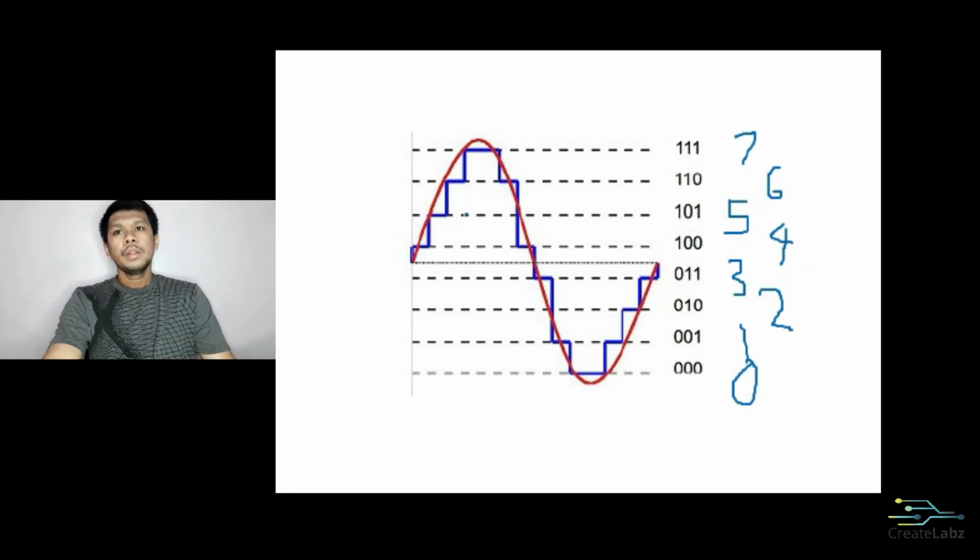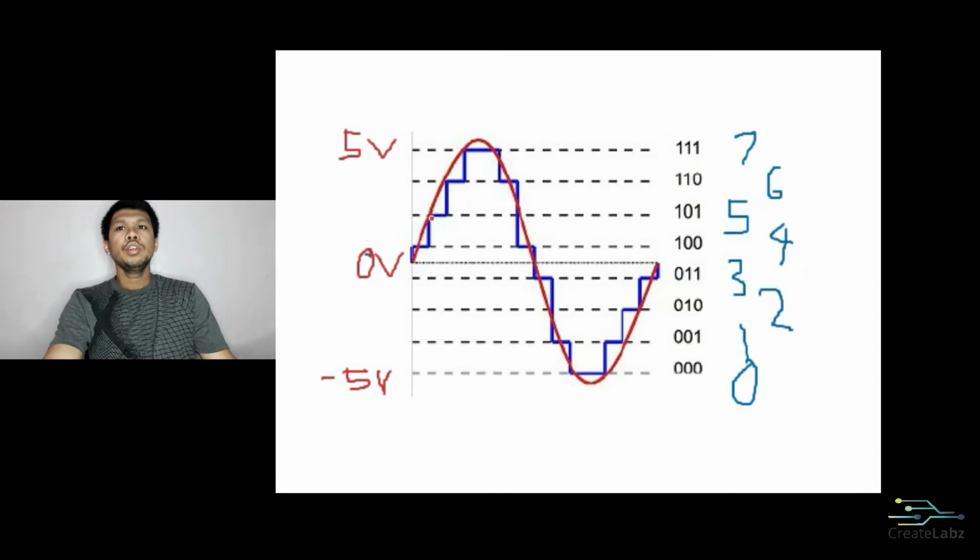Let's say that our analog signal here has a specific voltage value. Let's say this is 0 volts, and then the peak is 5 volts, and then the negative peak is negative 5 volts. Let's say that I have a value here.